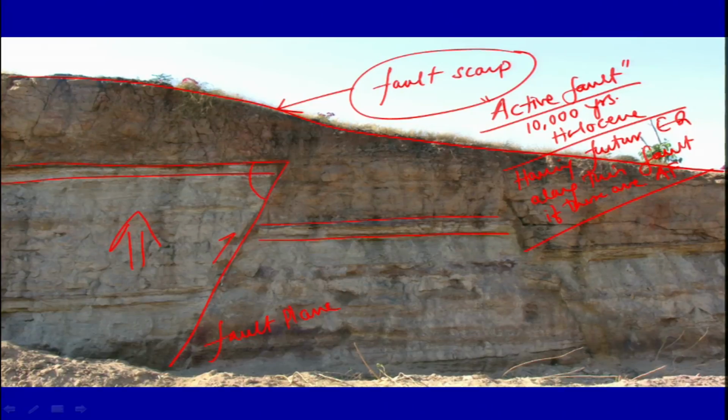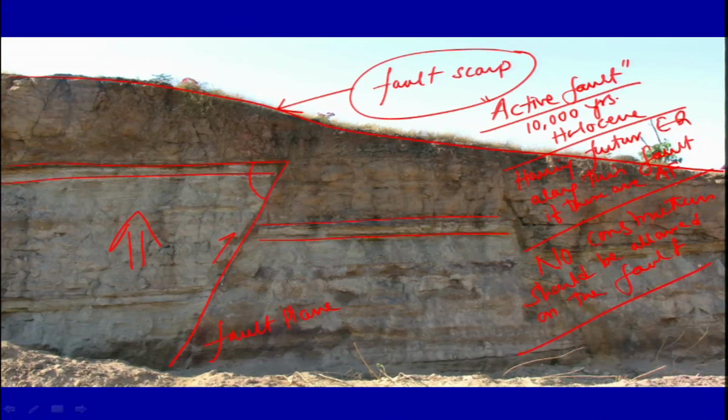Now if we understand that this is an active fault and you have identified the fault scarp on the surface, so no construction should be allowed on the fault.